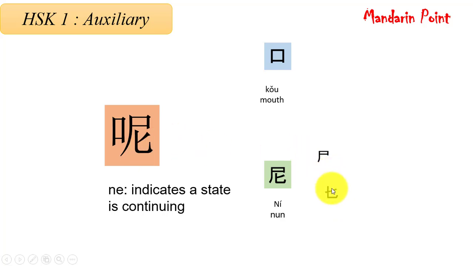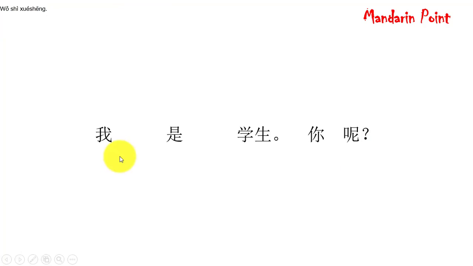So this character is composed of all these three components. Let's find an example. 我是学生，你呢？I am a student. How about you? So I have told you what I am doing. How about you? So the previous state or previous question is valid in the current sentence.